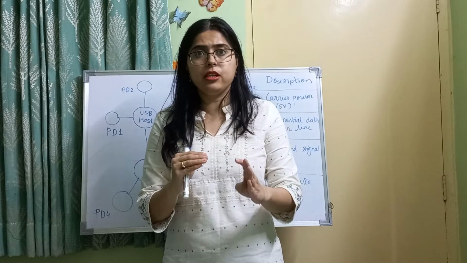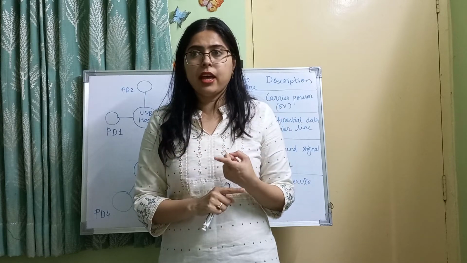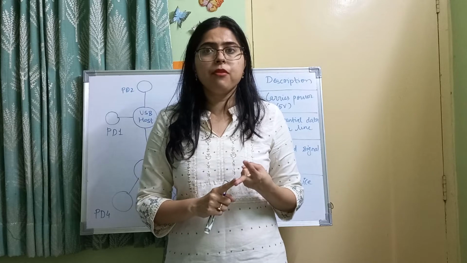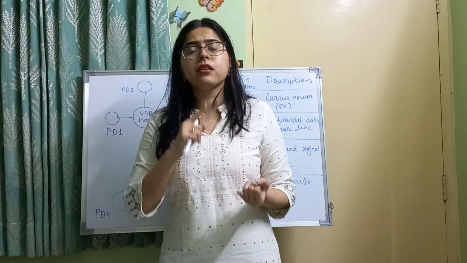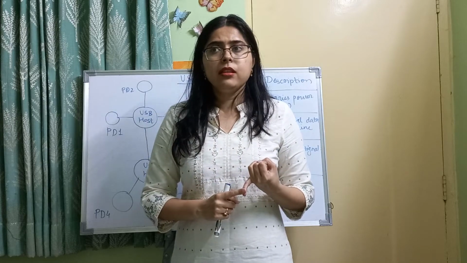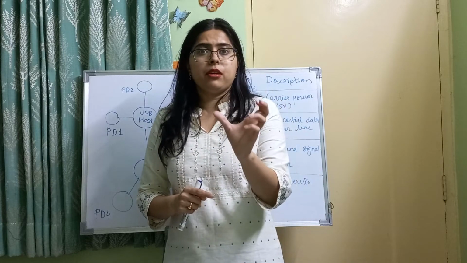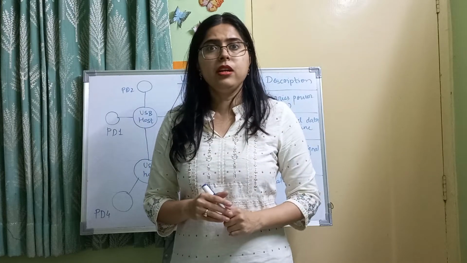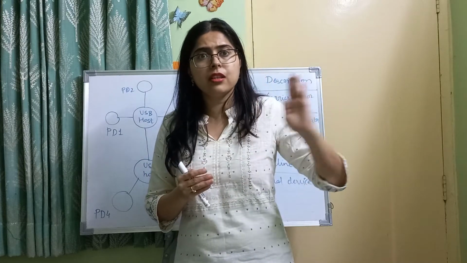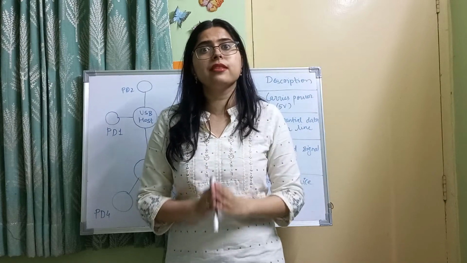So there are 4 fields. I repeat, the first field is the direction of the packet, the second field is the type of packet, the third field is the address of the peripheral device, and the fourth field is the endpoint number. It is the endpoint number of that peripheral device. So this is what is transmitted by the host to the slave.